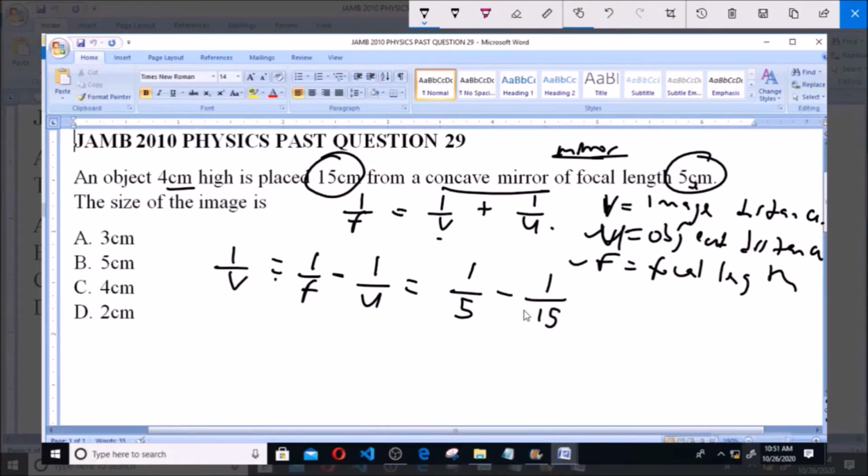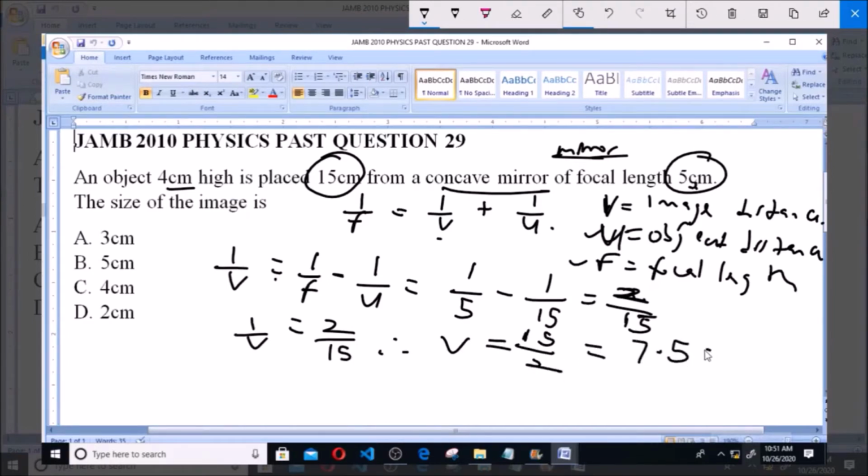If you solve this, that will give you 2 over 15. Find the LCM and subtract. Now remember that 1 over v is equal to 2 over 15. Therefore v is equal to 15 over 2, which is equal to 7.5 centimeters. Now this 7.5 centimeters is the image distance.